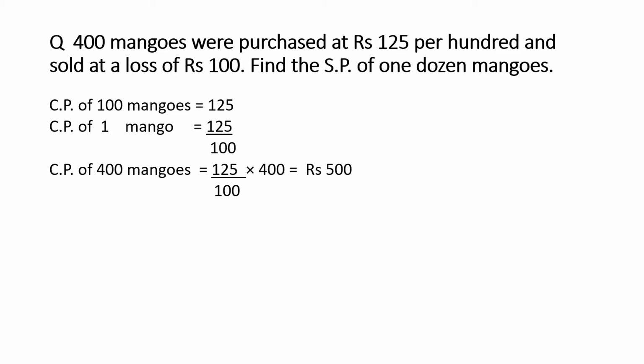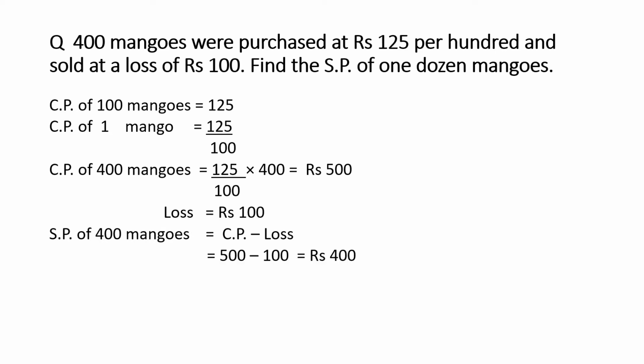Now loss is given to us, that is rupees 100. If cost price and loss both are given, we can calculate selling price by applying the formula CP minus loss. So the selling price of 400 mangoes is 500 minus 100, rupees 400.